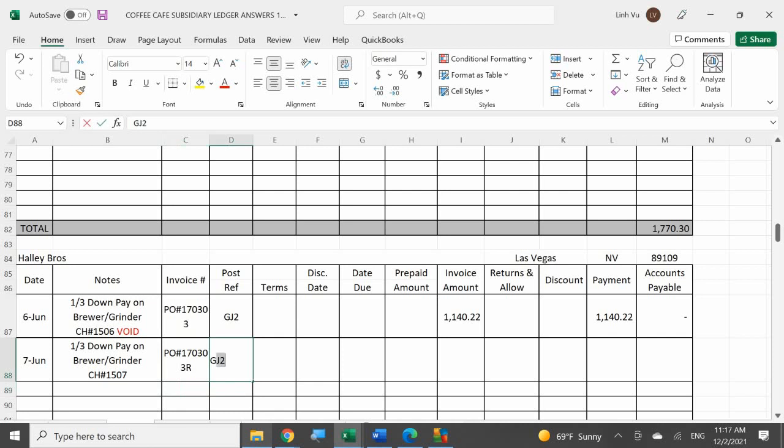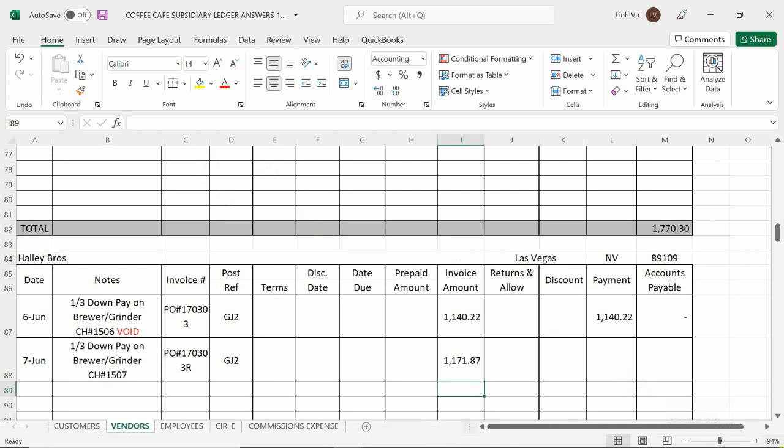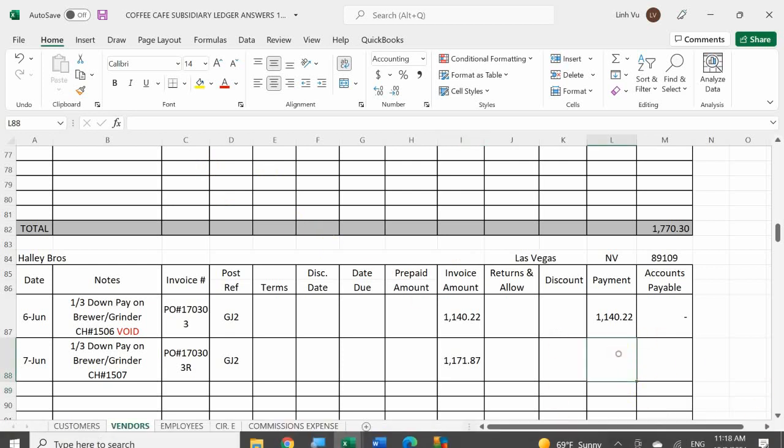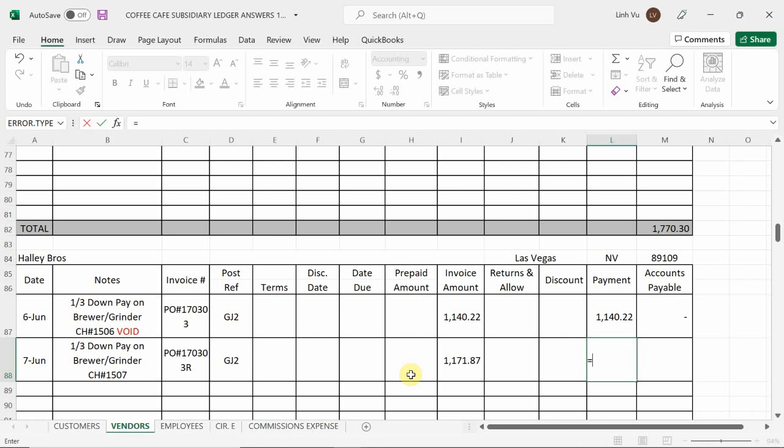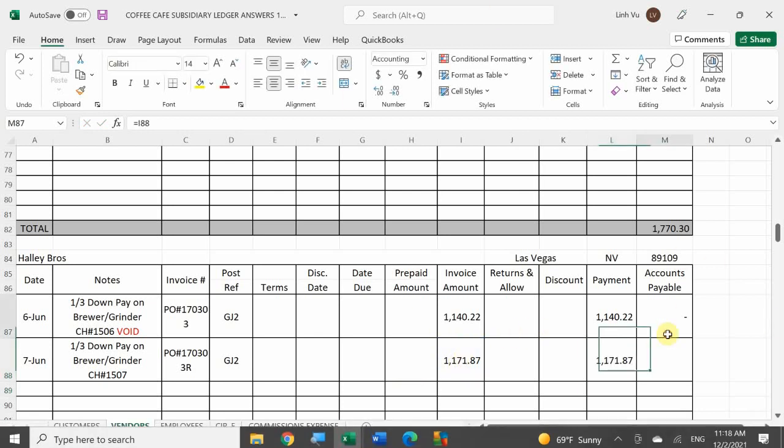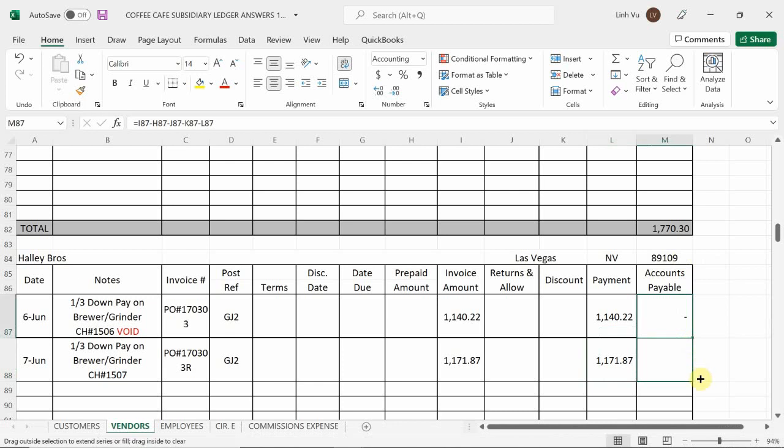Okay? And of course, in this case, this is on journal number 2. We haven't received the bill yet, so we don't know what the terms are, but we do know that because we made changes, right? It's now $1,171.87, and we paid it with check number 1507.